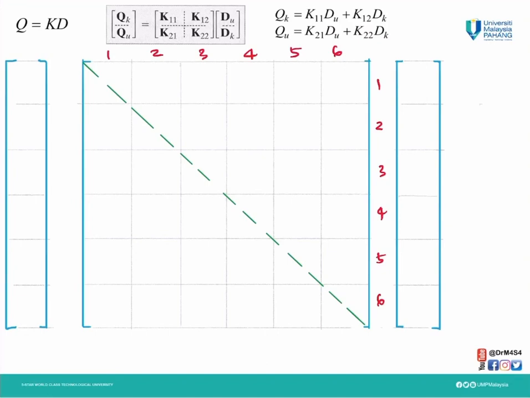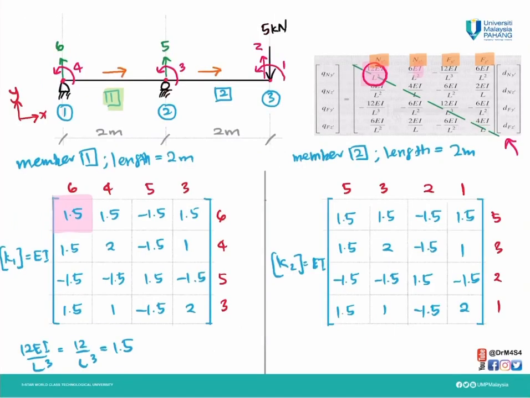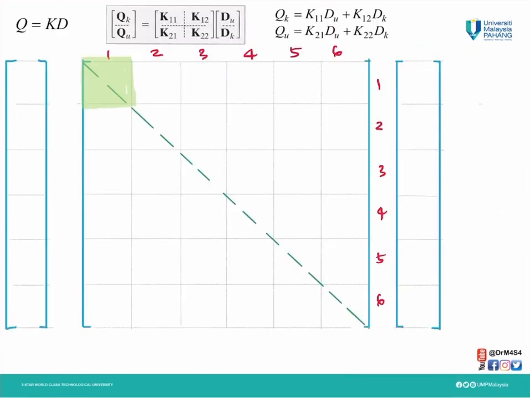So we have to find out what the value is for cell 1, row number 1, column number 1. Refer back to member 1 and member 2. So 1 is here. So the value is 2. So 2 in here.